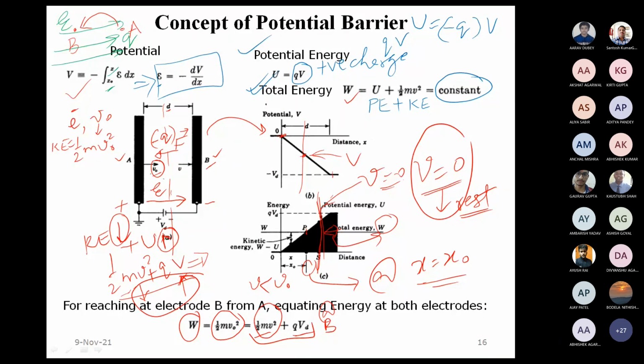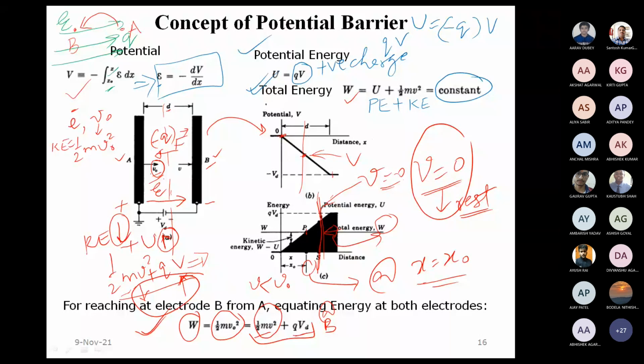Actually, if we launch this electron with a larger energy, that is, a larger initial velocity, then it may also reach plate B. But if the velocity is lower, then it will not. So this last equation is giving the condition here.